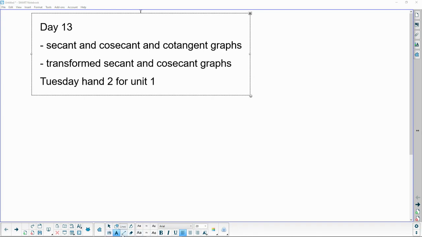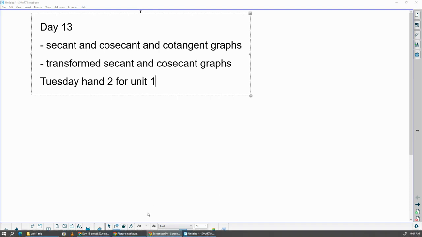It's not on our unit circle, but it is a reciprocal of a trig function that is on your unit circle. So you can always use the original primary trig function, sine or cosine, and do that first, and then you can get the cosecant and secant graph from it.